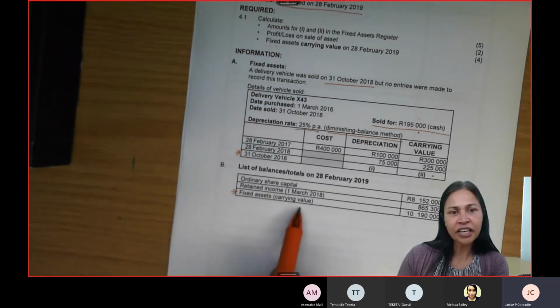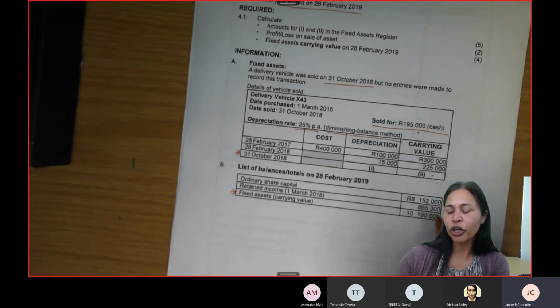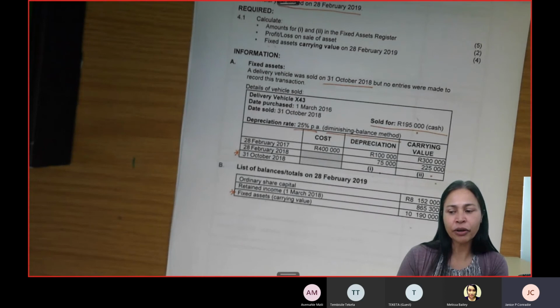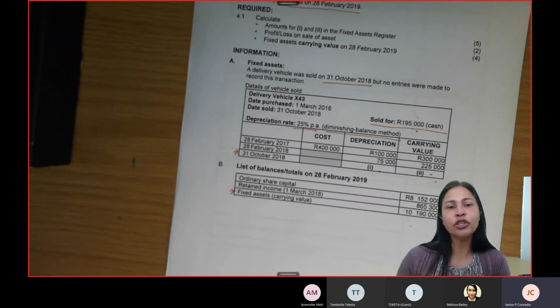Your fixed assets carrying value is given the total, but don't forget to use information or your answer in number 1 and in number 2 in order to get that, because these decrease the value for your carrying value. So that is an activity that you can do on your own. Ask your teacher to assist with the answers when you're done, but it's important that you work through that.